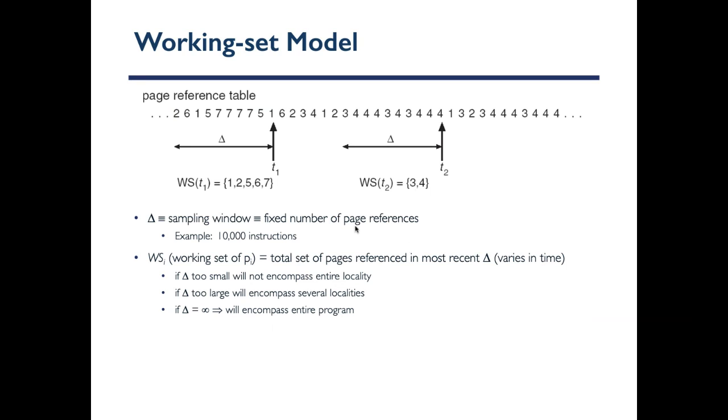If you choose delta to be infinity, it means that from the beginning of your execution, your working set basically becomes probably the entire virtual address space. And that's pretty much of no value, because you sort of know that you're going to access certain pages. What you care about is, in a particular window of time, what are the pages that I need.